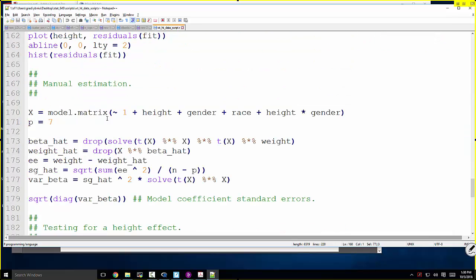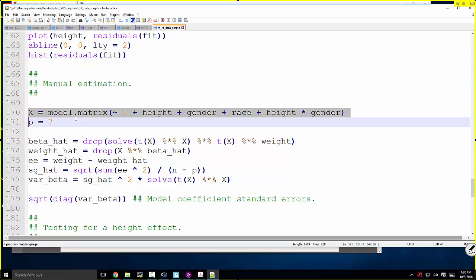Here is manually estimating this model. Manual estimation begins with the design matrix. If you can write the design matrix for your model, you can do all the calculations manually. To create the model matrix in this case, I'm going to use a built-in function called model.matrix.